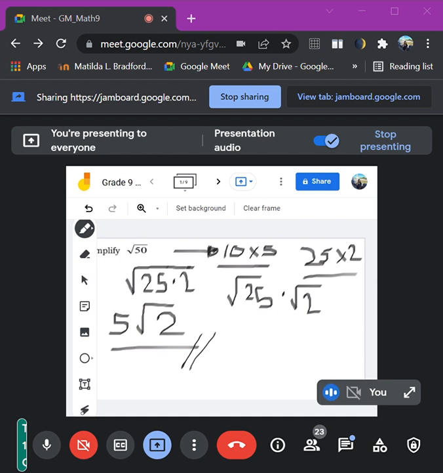Okay, and the square root of 2 can no longer be simplified, right? Because it has no exact number. So you have there the square root of 2. If we check it against the three conditions mentioned earlier, there is no perfect factor anymore, there is no fraction radicand, and no denominator with a radical. And the index can no longer be reduced, because 2 cannot be reduced other than 2 times 1. So that is now your final answer.